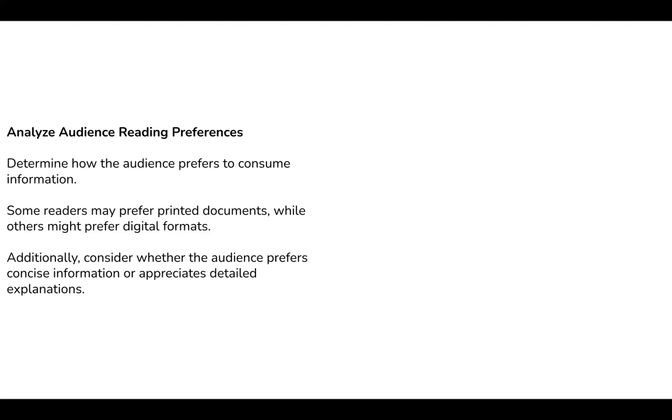You need to also consider whether the audience prefers concise information or appreciates detailed explanations. So when you analyze the audience's reading preferences, you get to know how to go about these things, right?